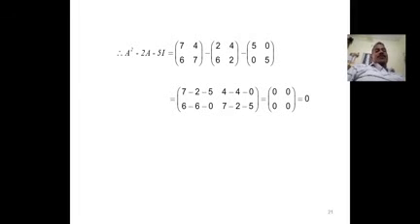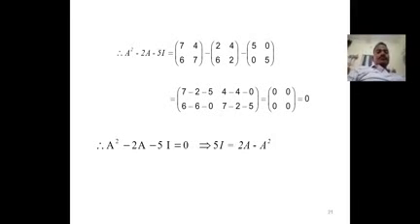After simplification you get 0 0 0 0. Therefore A square minus 2A minus 5I equal to 0. From this, 5I equal to 2A minus A square. Now multiply, post multiply or pre multiply, you can take any one, with A inverse. You get A inverse into I on the left hand side, 5 A inverse equal to 2I minus A.